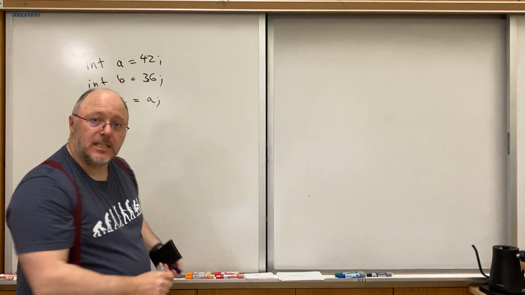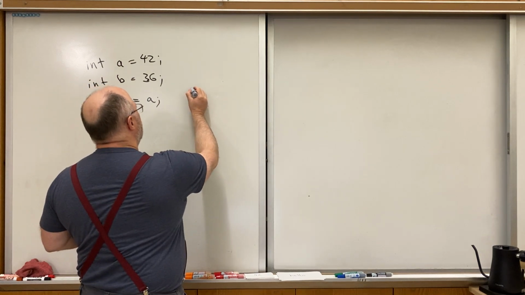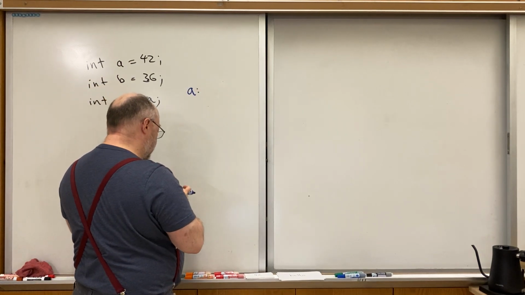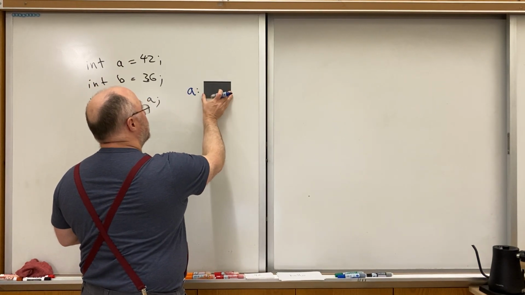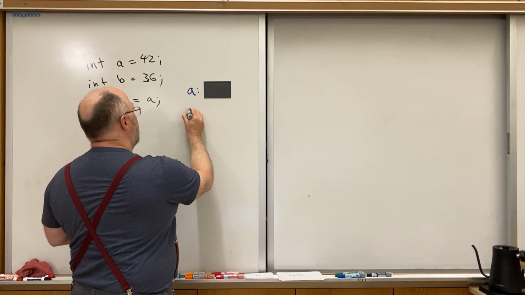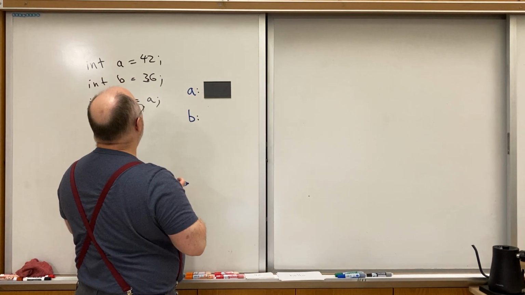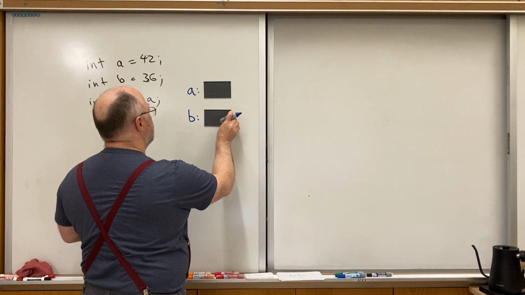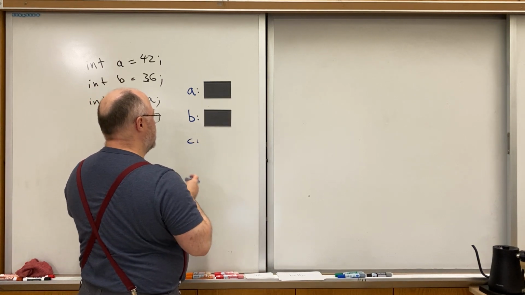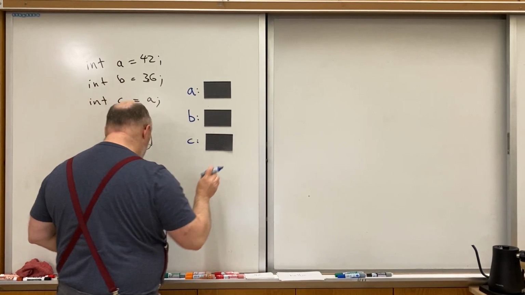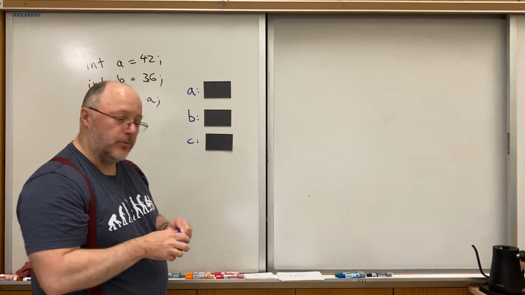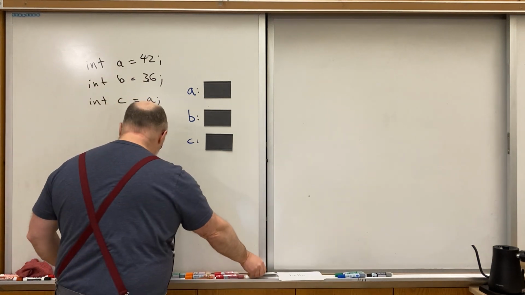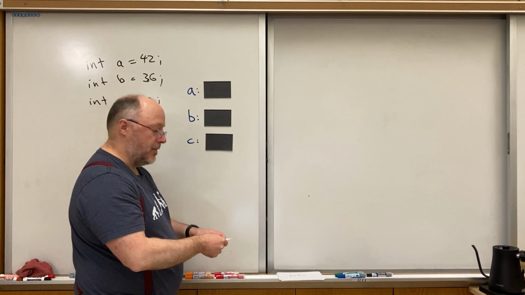When this code is executed, the declaration creates a variable, which I'm going to represent with this little card holder, and I'm going to label it with the name of the variable. So we're making three variables, A, B, and C, and each of them can hold a value, because that's what variables do. Variables are names for values, and the values actually live somewhere in the computer's memory.